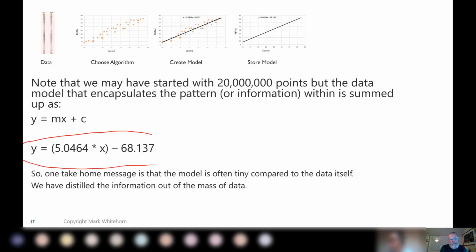And that's a really common thing in this modeling we do of data. We can take a vast amount of data and distill it down to a tiny amount of really useful information. And that's a good way of thinking about machine learning. It's not the only way of thinking about it, but it's a good way.